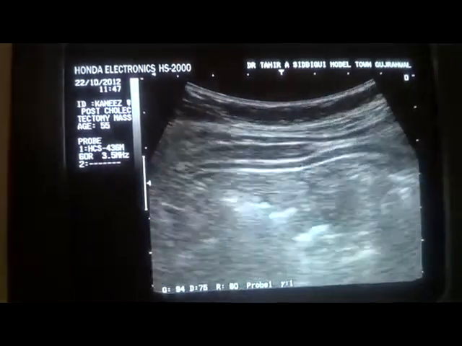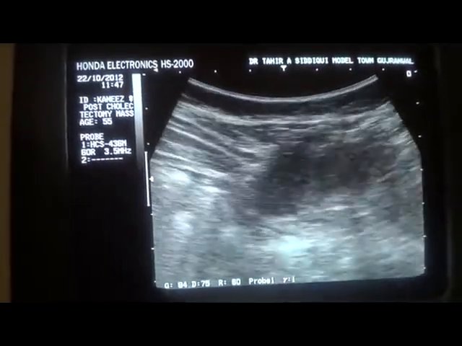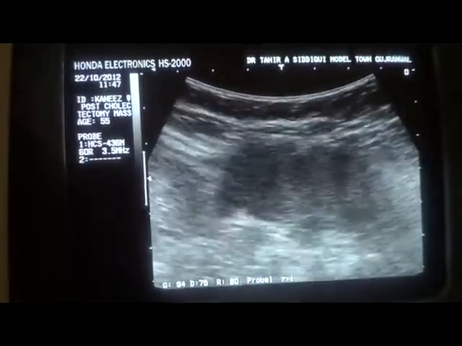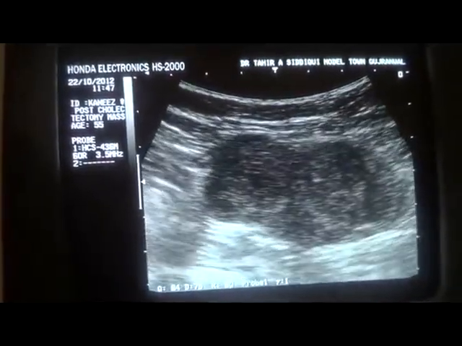Now when I move the probe a bit posteriorly, I see another mass, this one. This is the second one.